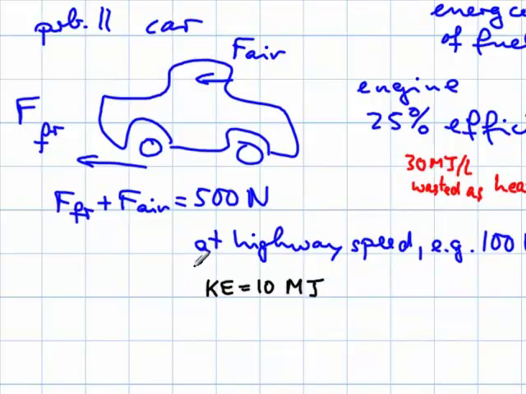So it's going to be 10 megajoules per that liter, and that now is being used up by the frictional force that goes into the work, so frictional force times the distance, and these two are to be set equal because the kinetic energy of 10 megajoules is used up by the friction.